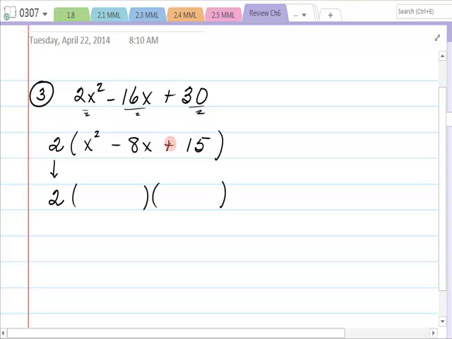The signs. The last sign is positive. What does that tell you the signs are? Both negative. I need an x and an x. I need factors of 15 that add up to be 8. Is it 1 times 15? Nope. 2 doesn't go in there. Is it 3 times 5? Yes.